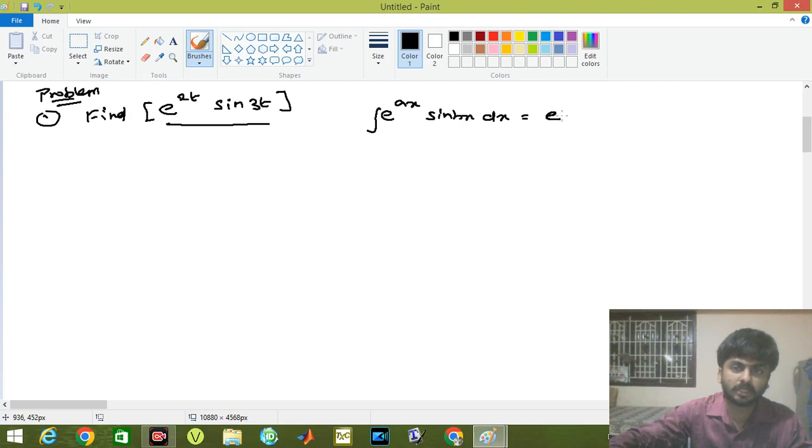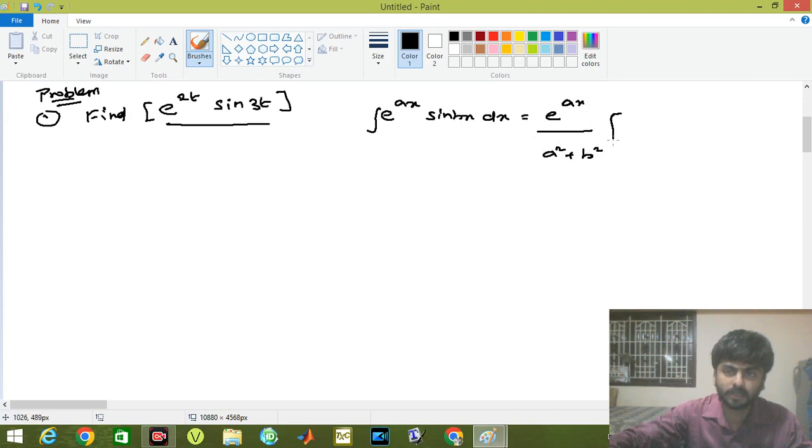It is very easy: e power ax divided by a square plus b square, into a sine bx minus b cos bx.